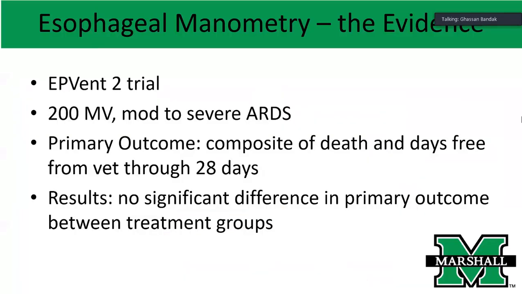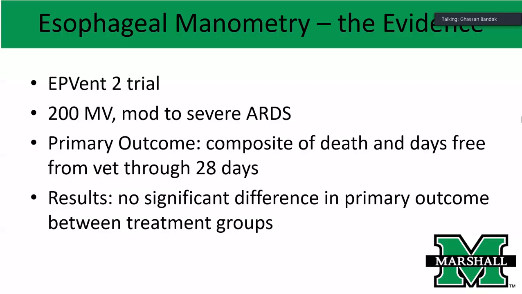Okay. Now, another trial called the EPVent-2 trial came later. 200 mechanically ventilated patients, moderate to severe ARDS. Their primary outcome was a composite of death and days free of the ventilator, and they showed no significant difference in primary outcome between treatment groups.